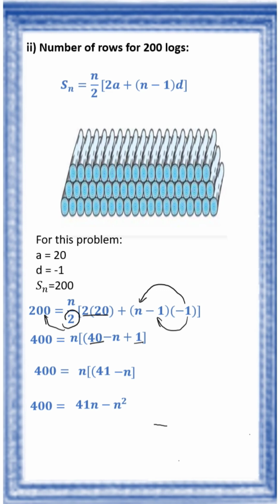Now let us write it in the standard form. n square minus 41n plus 400 is equal to 0. This is the standard form of the quadratic equation. Now let us factorize n square minus 41n plus 400 is equal to 0. Split negative of 41 such that the sum is minus 41 and the product is 400.